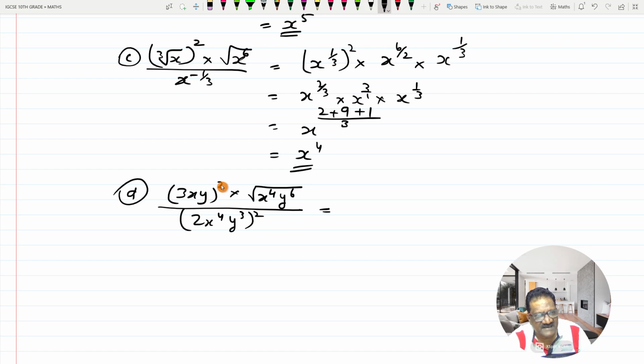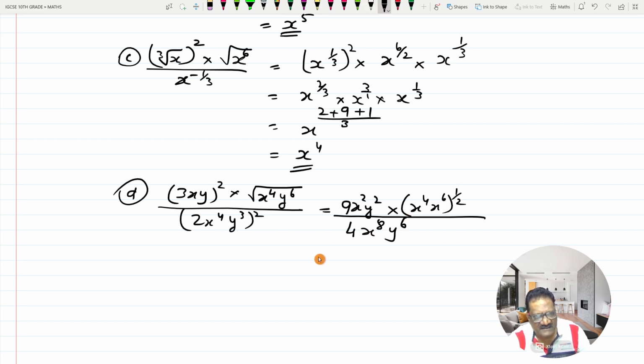Now this is 3xy the whole square, so 3 square will be 9, x square will be x square and then a y square, times this can be written as x raised to 4, y raised to 6, whole raised to a 1 by 2, and upon this 2 square will be a 4, x raised to 4 the whole square will be x raised to 8, y cube raised to 2 will be y raised to a 6, 3 2s are 6.